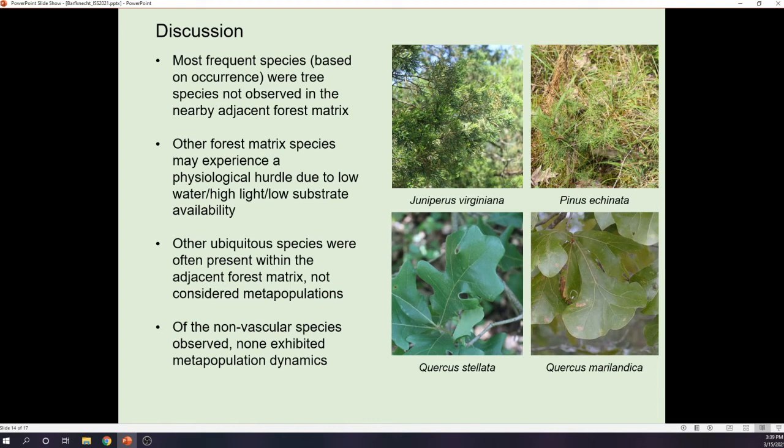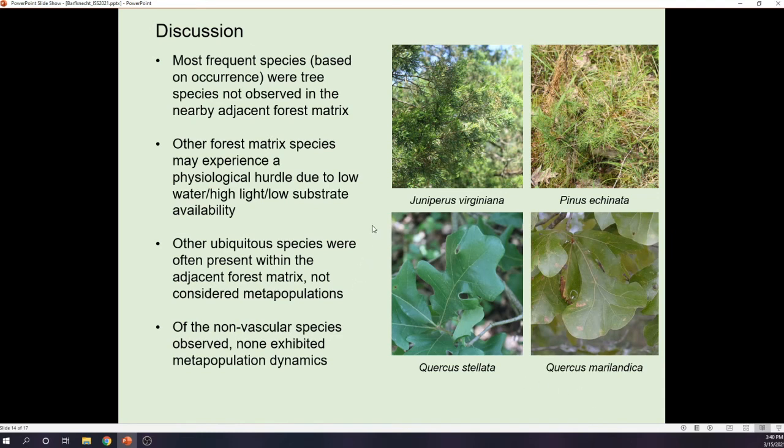And so what you're seeing off on your right hand side here are just some representations: common juniper was pretty much largely confined to the open xeric sandstone outcrop communities, as well as Pinus echinata, which technically is naturalized as opposed to exotic, so that's why I didn't classify it as an exotic. And then these two xeric oak species, Quercus stellata as well as Quercus marylandica.